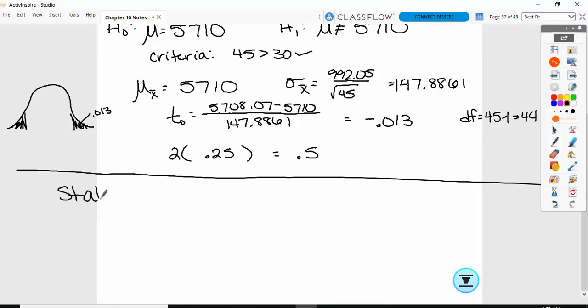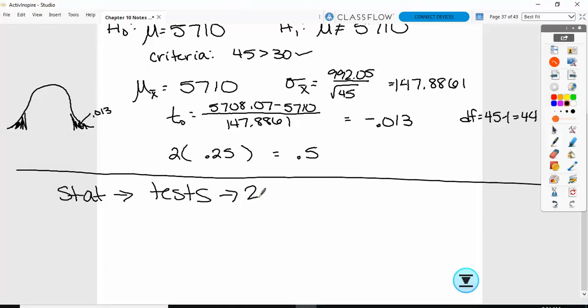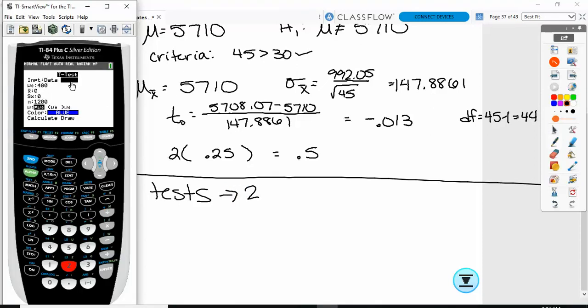So on your calculator, you are going to go into Stat, Tests again. Okay, this time we're not looking at Z's, we're looking at T's. And so we just want to go to number 2, a T test. It gives us the option, data or stats. We want to go off stats here. Mu sub 0, so the mean of our null hypothesis, was 5710.